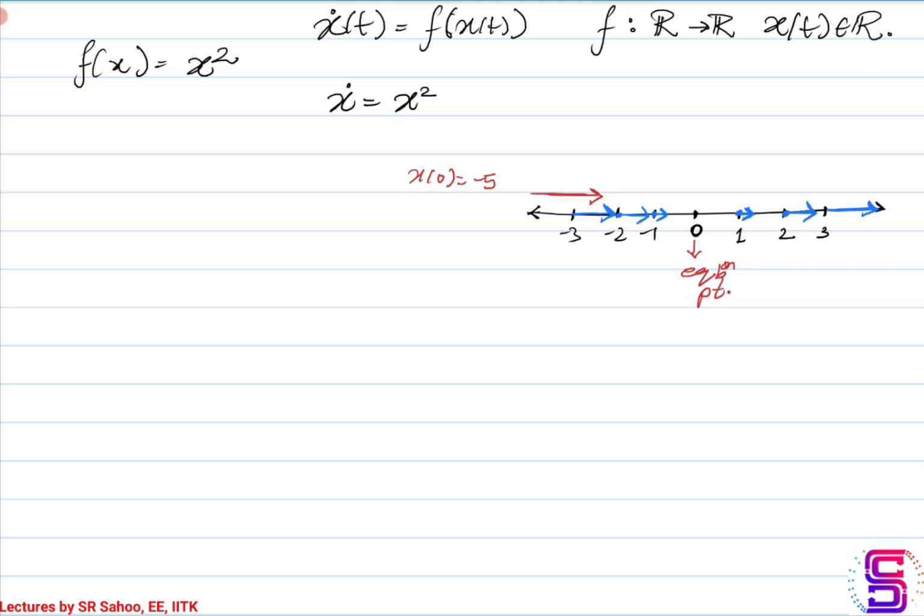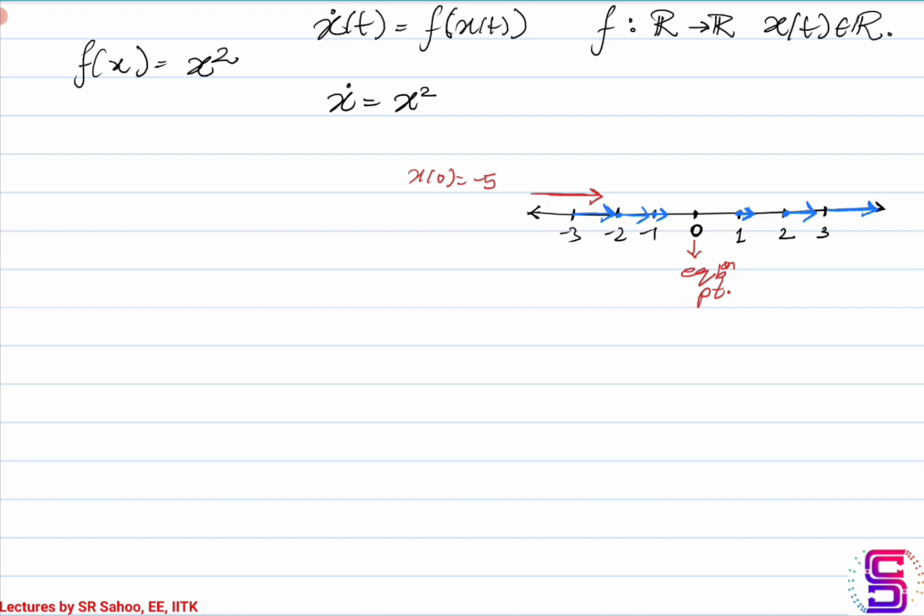When you are very close to the origin, x dot is also very close to 0. So the system evolves fast when it is far away from the origin, it slows down as it approaches the origin, and it is very slow when it is arbitrarily close to the origin, but it is never going to cross the origin. So for this initial condition of -5, the solution will grow and go towards 0.